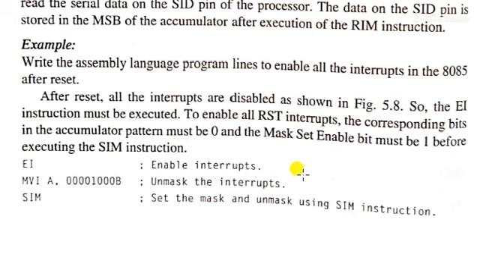That means first of all we have to read the status of the interrupts using the RIM instruction. After the RIM instruction, we can find whether RST 7.5 is masked or unmasked. If it is masked, it is okay. If it is unmasked, then we have to set RST 7.5 as masked using the SIM instruction.